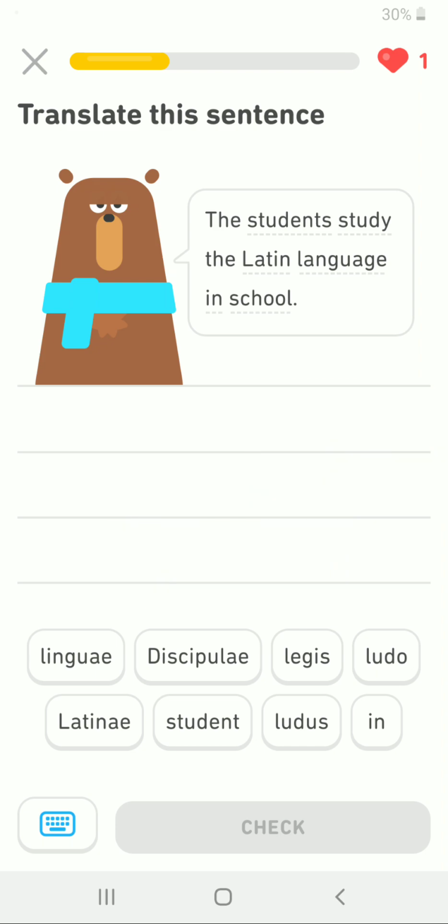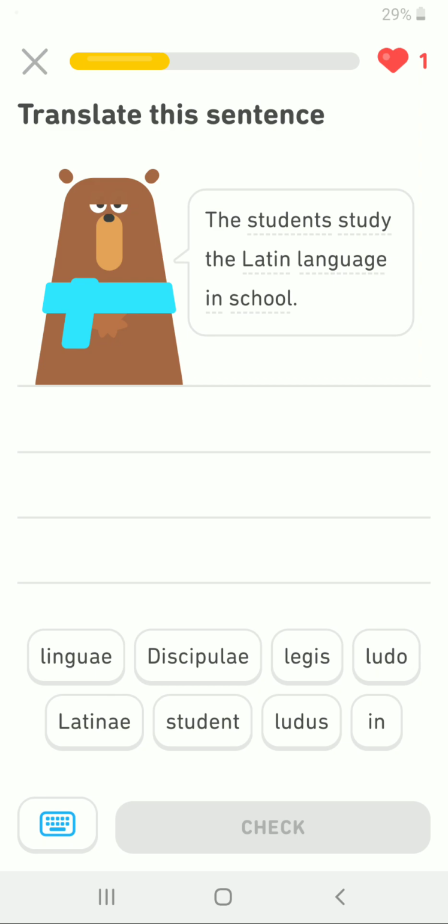But the students study. So, well. To study here would be student. Yeah, student.